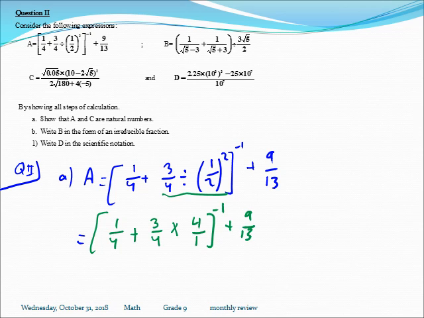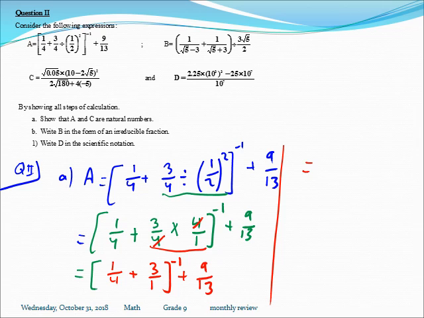Begin with multiplication and simplify, so it's equal to (1 over 4 plus 3 over 1) all power minus 1, plus 9 over 13.